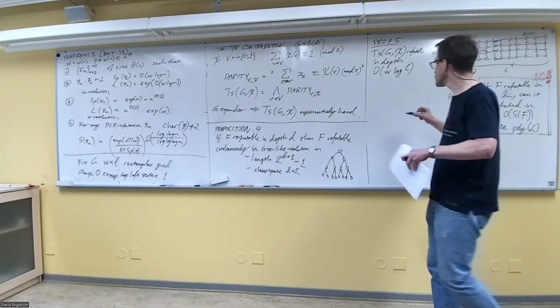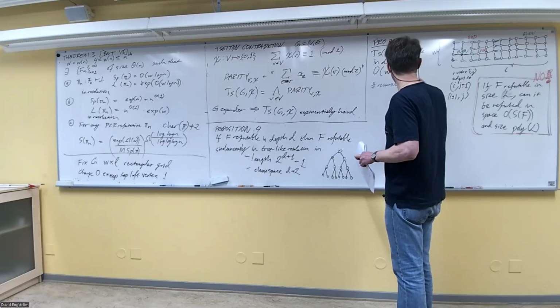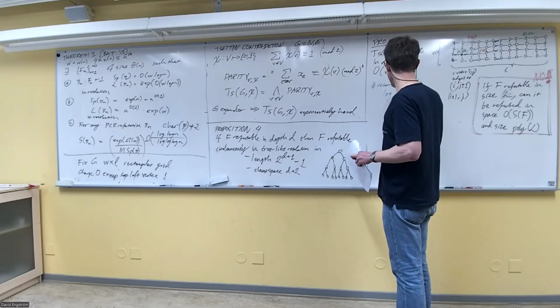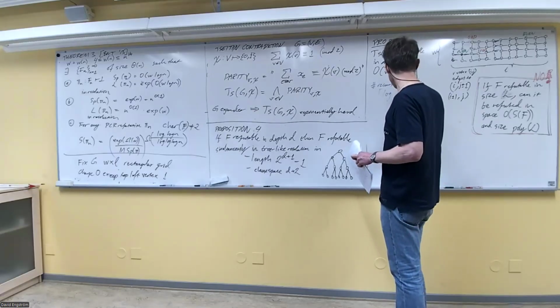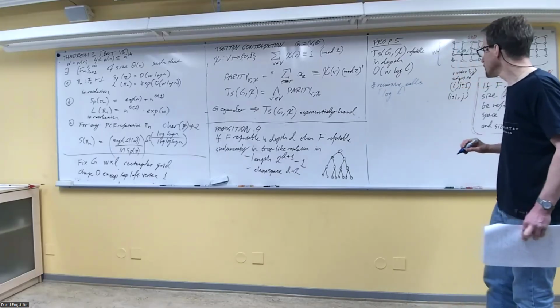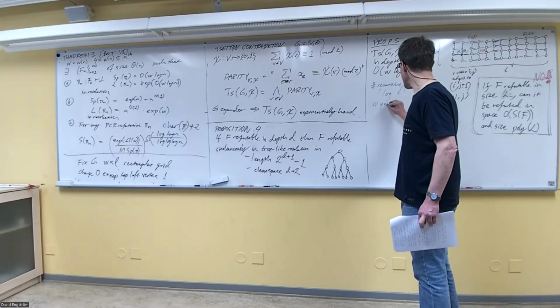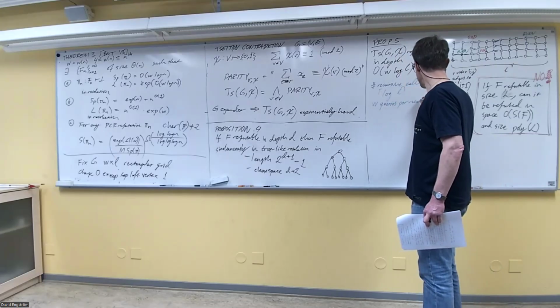So let's just see. The number of recursive calls is going to be 2 log L, rounded up if you insist, I guess. And we do exactly W queries per recursive call.